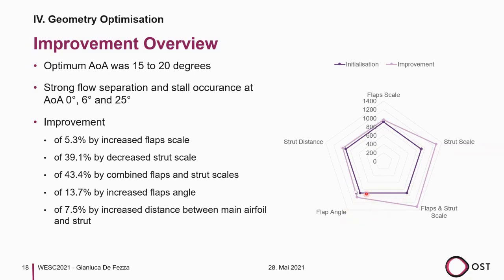The flaps angle also has a good impact of 13.7%. And the strut distance doesn't really improve much, only by 7.5% compared to the others. That is quite the lowest, next to the increased flap scales.